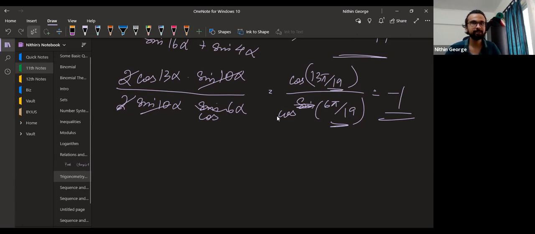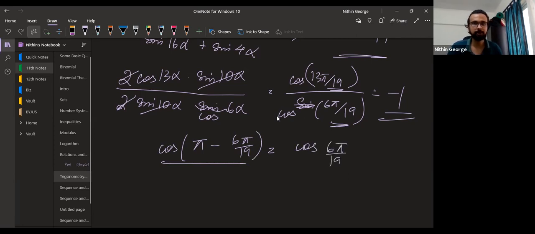So the idea here is cos 13 pi by 19 is nothing but cos of pi minus 6 pi by 19. I'm just talking about the numerator right now. That'll be minus cos 6 pi by 19. Got this? Cos pi minus theta is minus cos theta. All right, so we use that to get minus 1 as our answer here.